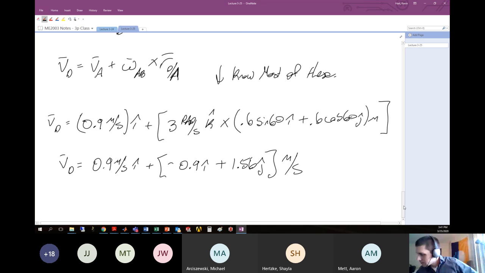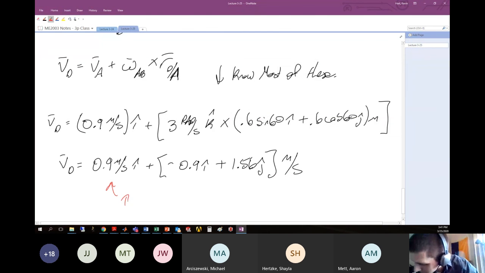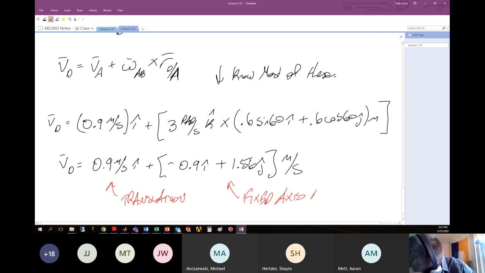Again, this first term is the translational component, so that is how D slides along with A as it's moving. And this here is the fixed axis rotation component, and so that is how D moves relative to A.